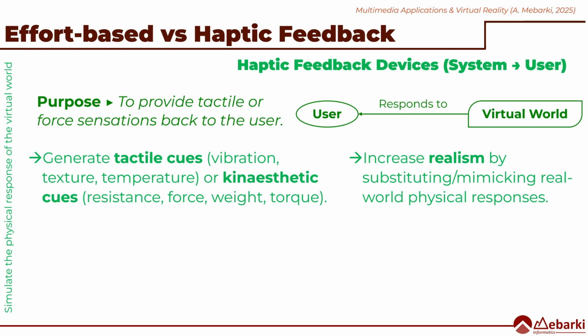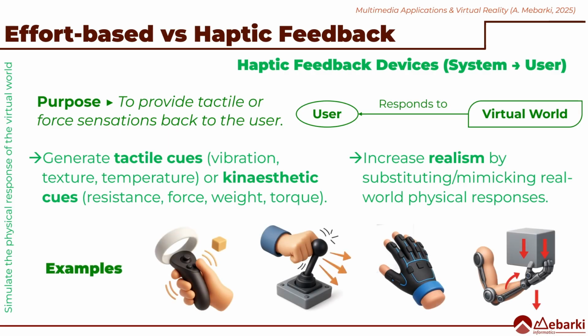Several practical examples illustrate these principles. A controller may vibrate when the user hits or touches a virtual object, signaling contact or impact. A force feedback joystick can resist the user's movement, simulating obstacles or mechanical constraints.